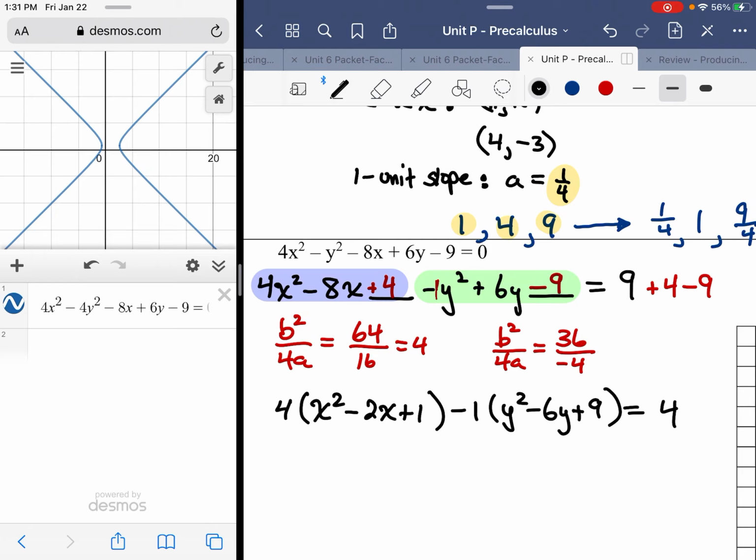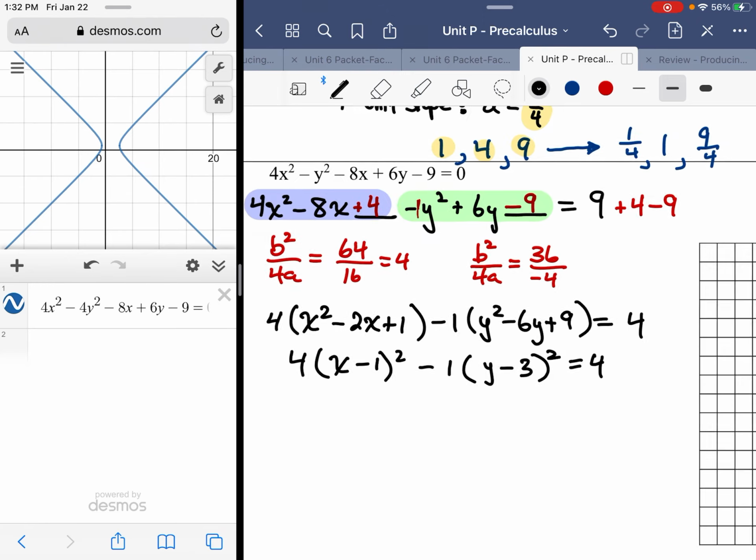You would have gotten a trinomial that wasn't a perfect square. So then you'd realize, okay, well, I pulled out a GCF, but maybe it wasn't the best possible choice. All right. So maybe I pulled out a CF, but not a GCF. So x minus 1 squared minus 1 times y minus 3 squared equals 4.